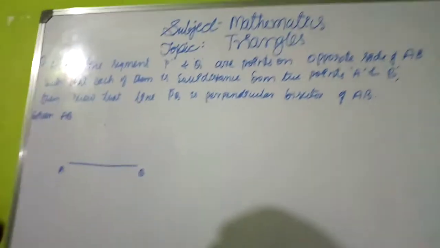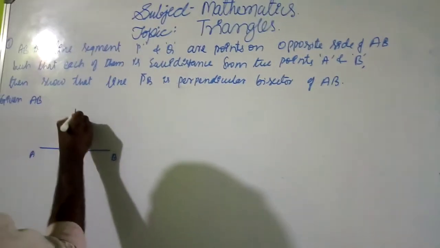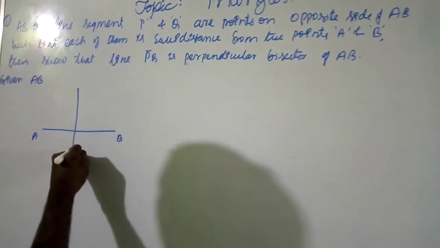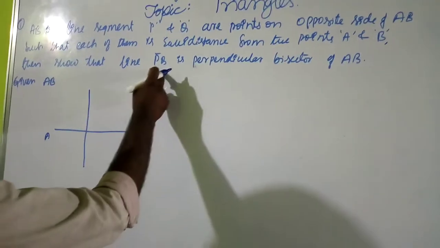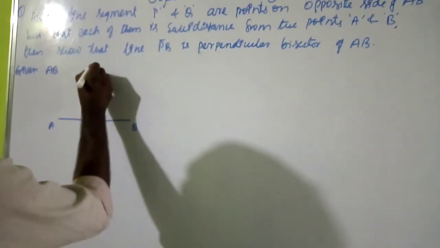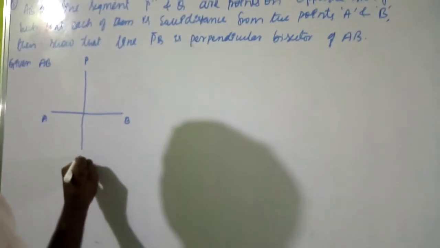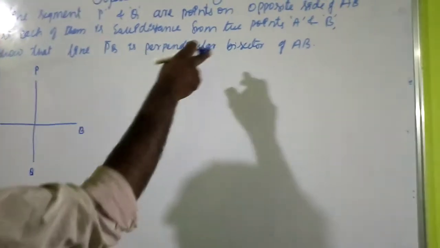Okay, then show that line PQ, you can join these two, P and Q, which is perpendicular bisector of the AB.